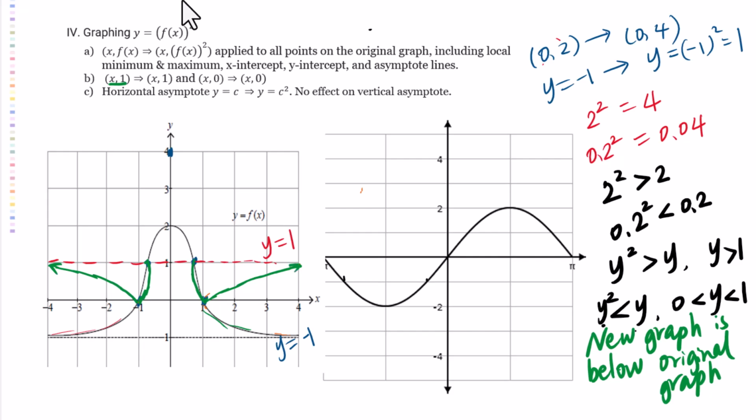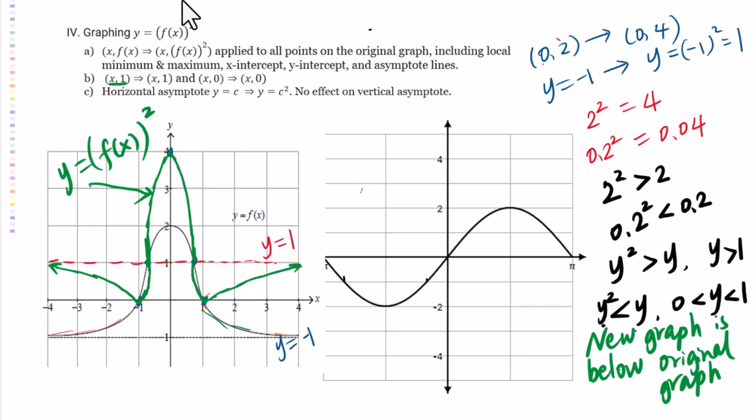When y is greater than 1, the graph will be above the original graph. So this is y equals f of x squared.